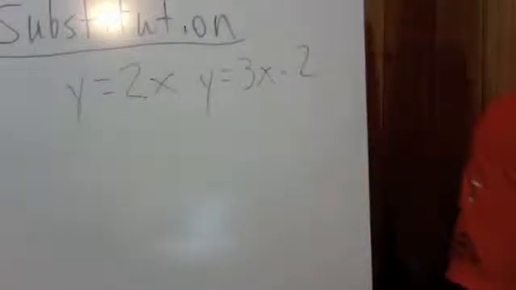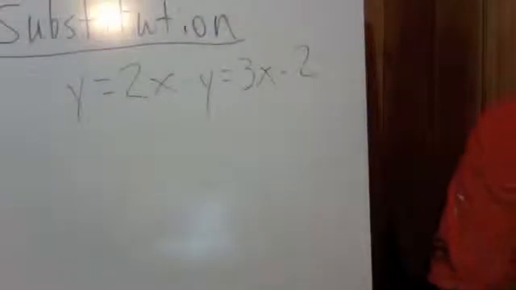The problem with having two unknowns in one equation is you can't solve it. If we have one unknown, then you can solve it. When you have two unknowns, you need two equations to solve it. If you had three unknowns, of course you'd need three equations, and so on and so on.